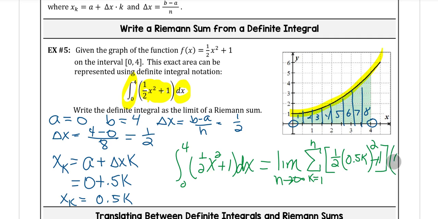And we multiply that times our delta x. And there's our Riemann sum.